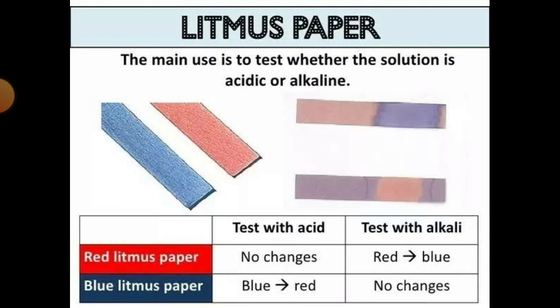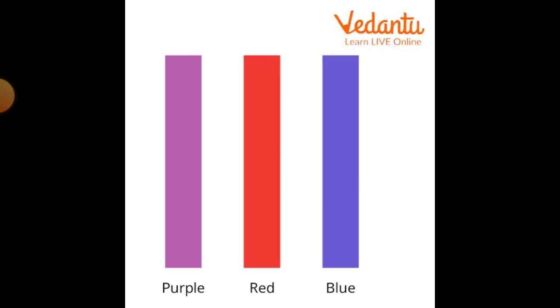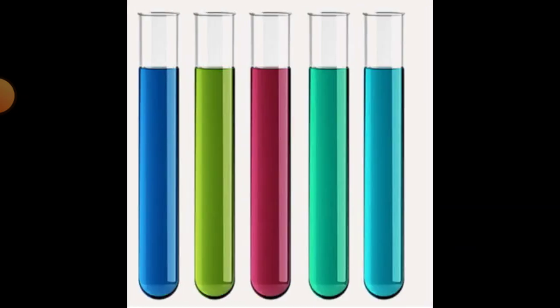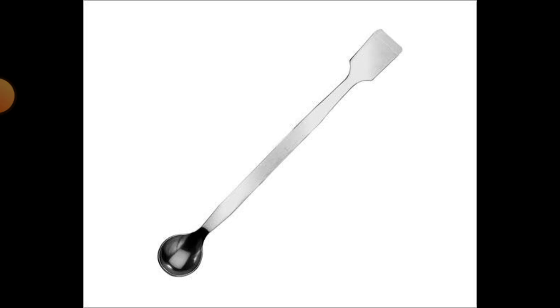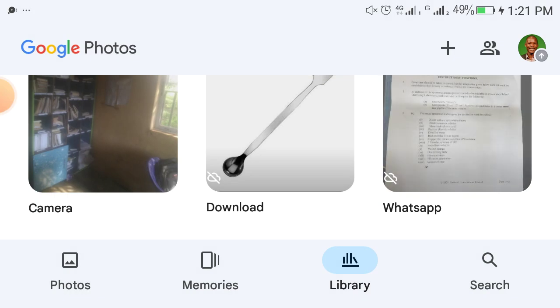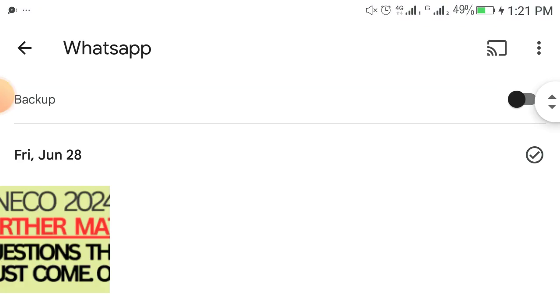Like I said, this is burette, this is pipette, this is litmus paper used for testing acidity and alkalinity, this is a test tube, this is also a test tube, and this is a spatula. Okay, let's continue.